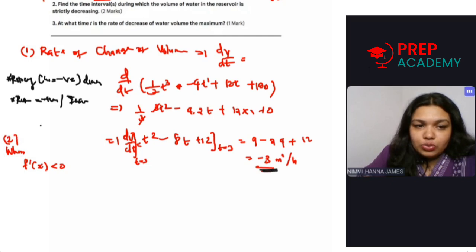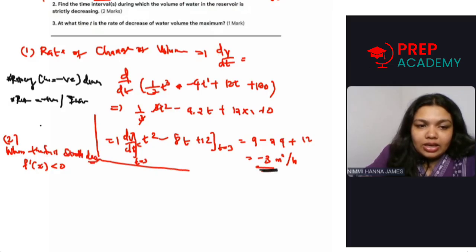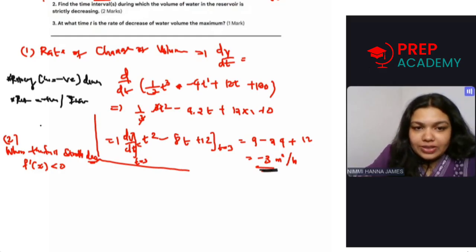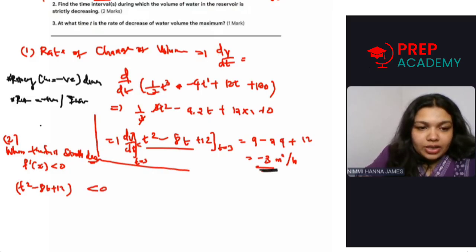We have f dash right here that we have found, that is t squared minus 8t plus 12. So t squared minus 8t plus 12 is less than 0. We want to find the values of t. So what are the values of t?